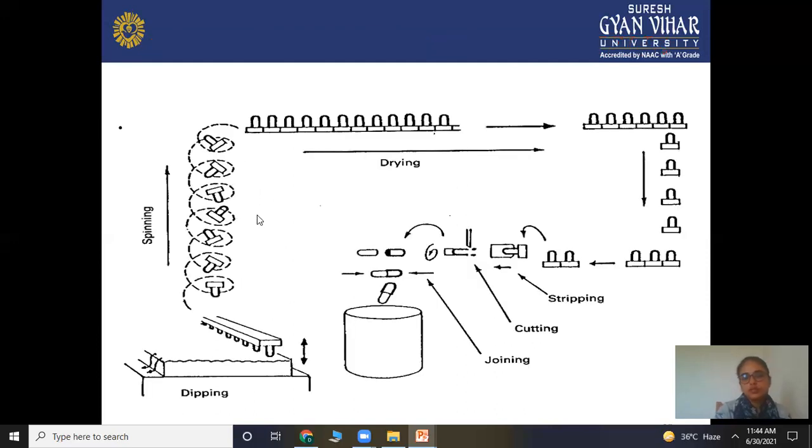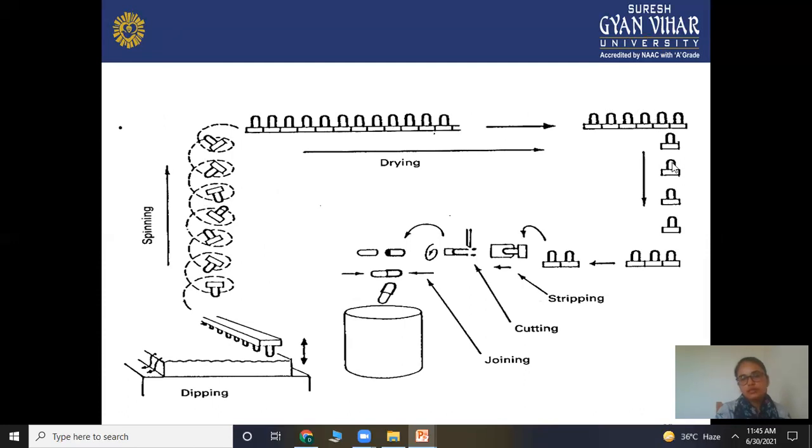This is an instrument for making hard gelatin capsules. First is dipping. A solution is placed in the dipping equipment. Then the mold is dipped in this solution, and it is spun. After spinning it forms the proper shell, and then drying of the hard gelatin shell takes place.